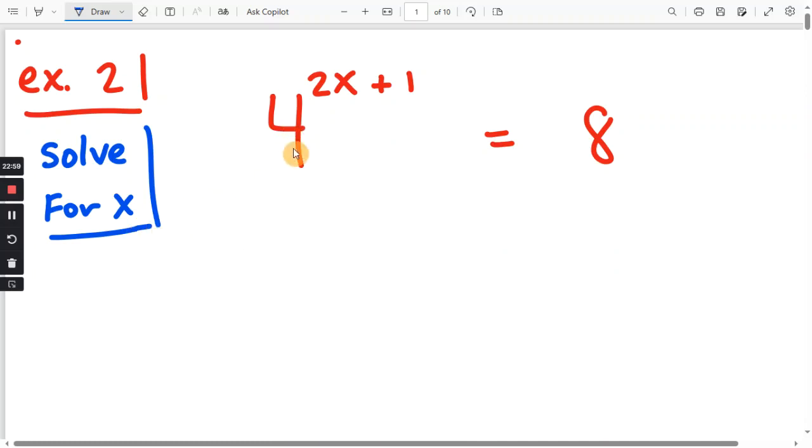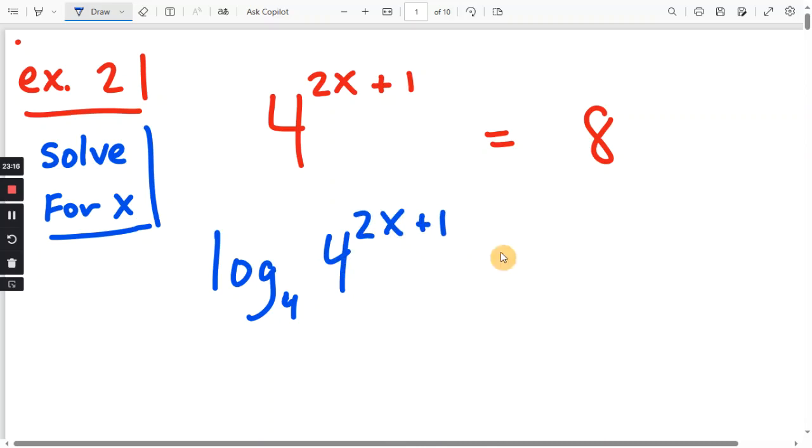Since this is base 4 and it's being raised to an exponent, I can take the log base 4 on both sides. So I'm going to do log base 4 of 4 to the power of 2x plus 1, and the log base 4 of the number 8.